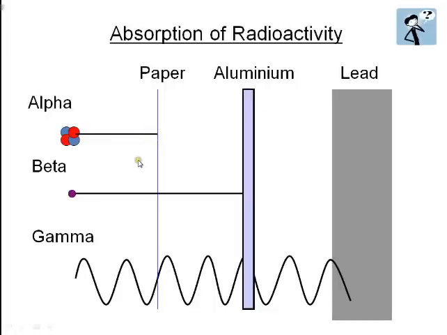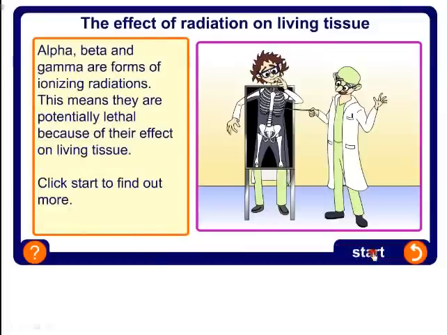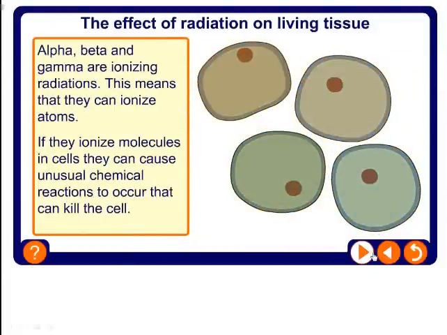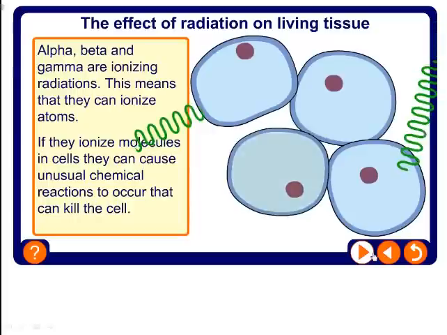But this isn't the whole story. We need to look at the idea of ionization to help us understand why alpha is still dangerous. Ionization is something that happens to cells, and alpha, beta and gamma can all ionize cells.